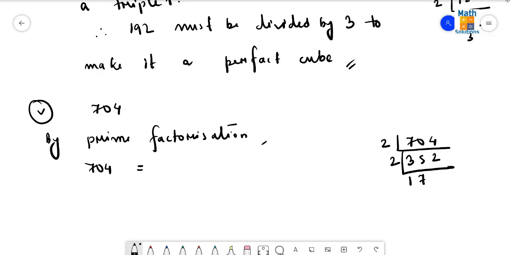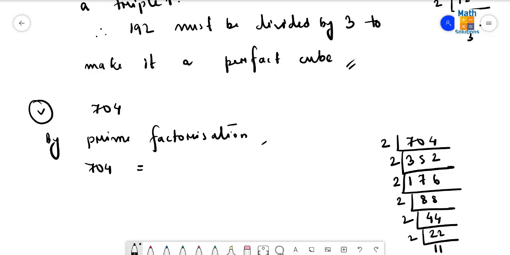Then after 6. Then again by 2 I can divide this. 2 8s are 16, again by 2. Then again by 2 I get here 44, again by 2 this is 22, again by 2 this is 11.